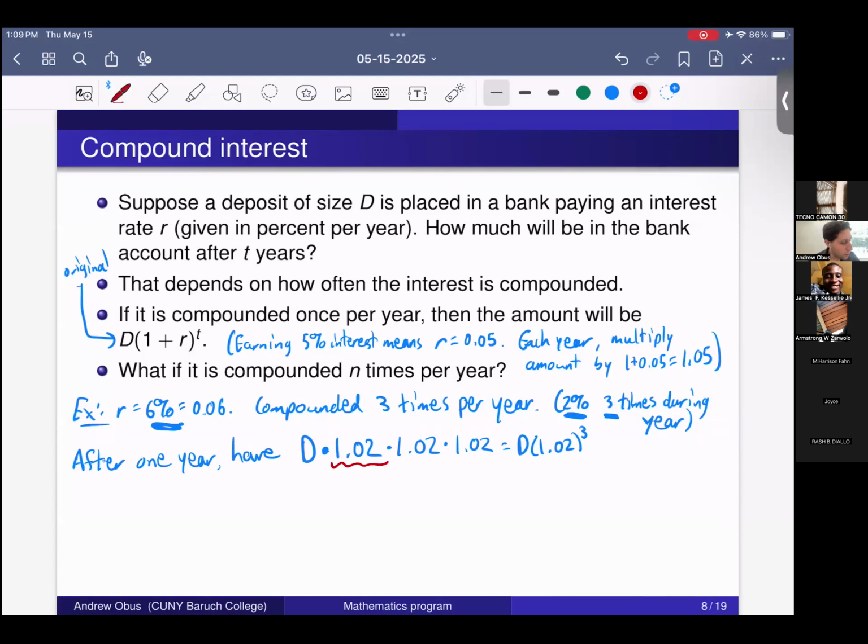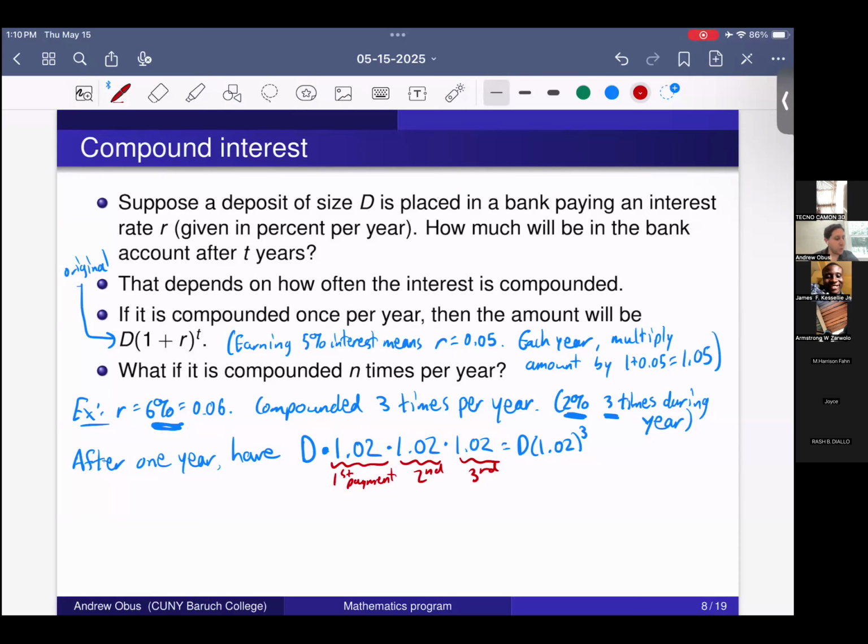Whereas this is the first interest payment. And then this is the second interest payment. And this is the third interest payment. Each time you're getting multiplied by 1.02. So it turns out that after 1 year, since it's 3 times a year, you get D times 1.02 cubed, and that's actually a little bit more than 1.06.